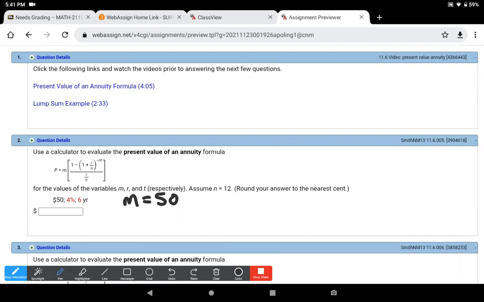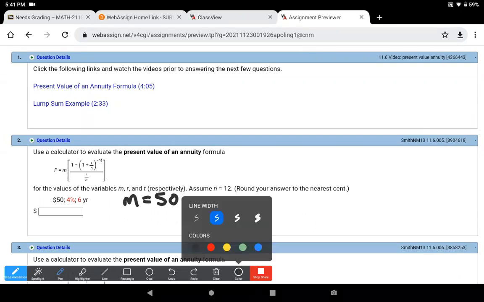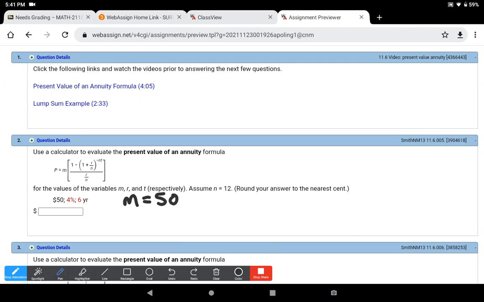M is 50. R is 4%. T is 6 years. N is 12, right?